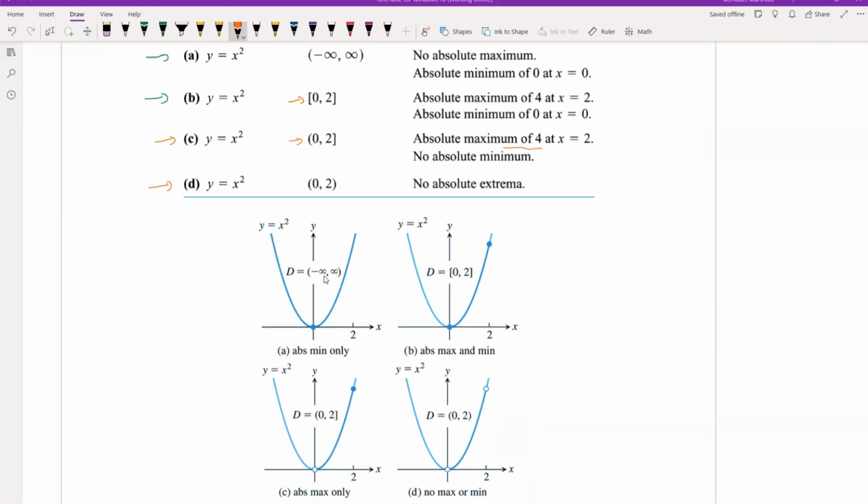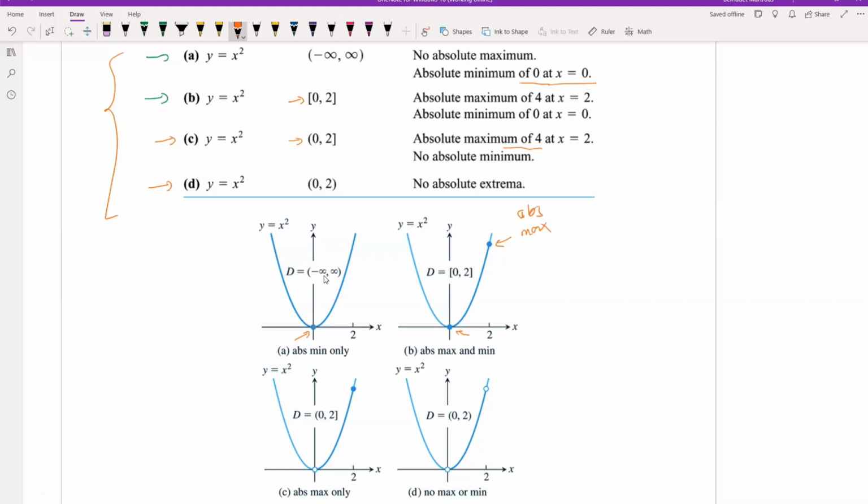So here we have a graph for each one of these that we had here on top. For part A, we said absolute minimum of 0 at x equal to 0. So that point is the absolute minimum. And for part B, here we have an absolute maximum of 4. So that is the absolute maximum.